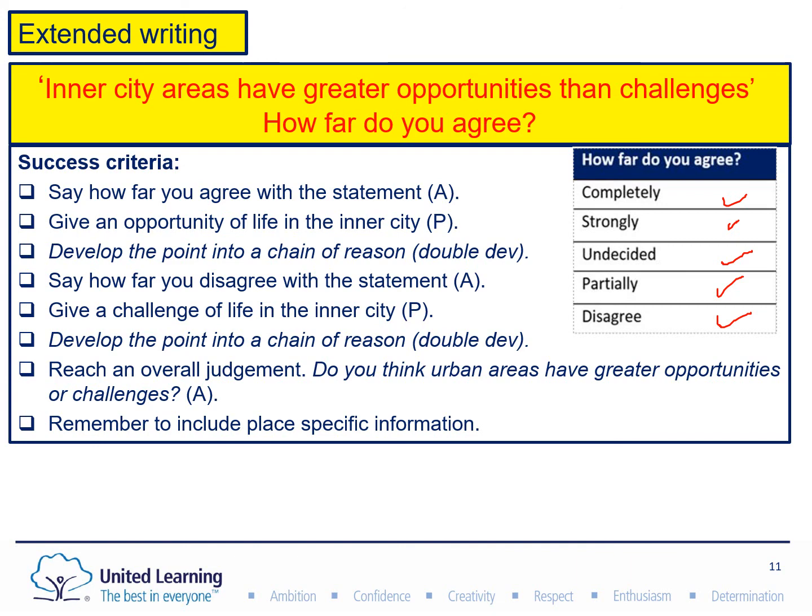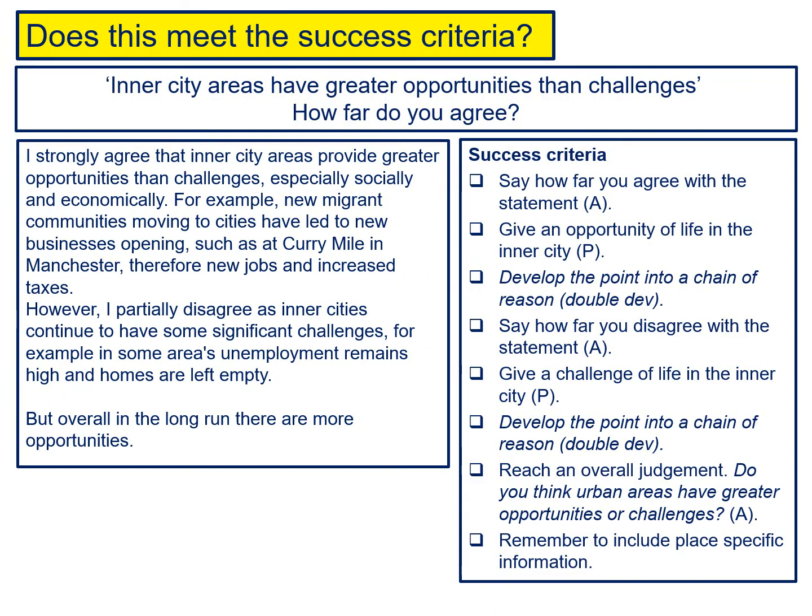Let's have a look at an example. Here it says, I strongly agree that inner city areas provide greater opportunities than challenges, especially socially and economically. For example, new migrant communities moving into cities have led to new businesses opening, such as at Curry Mile in Manchester.